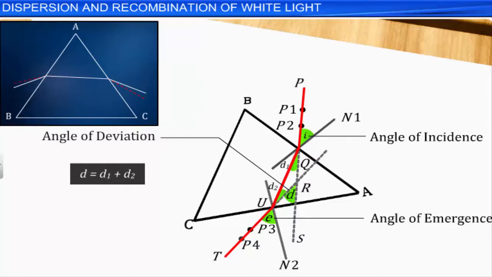Hence, we can say that the angle of deviation depends on the angle of incidence. Note that as the angle of incidence increases, the angle of deviation first decreases, reaches a minimum value, and then starts increasing again.